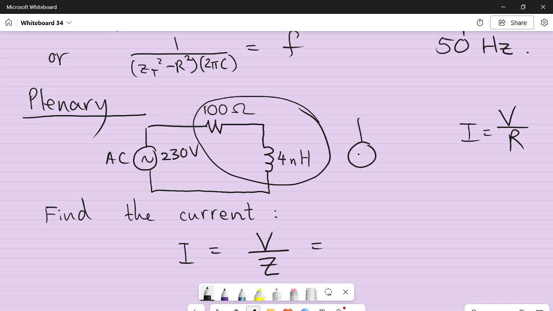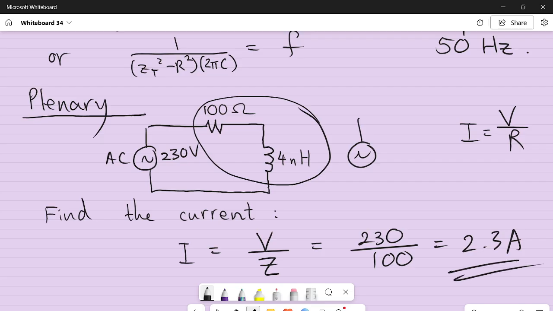Yeah, 100. So therefore it's 230 volts divided by 100. So there will be a part C in an exam that asks you an extra thing to work out the current. It's just 2 marks.